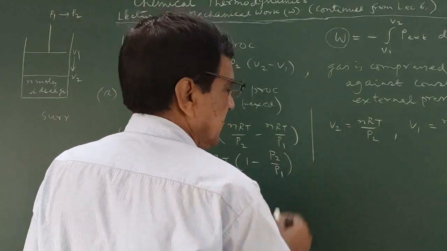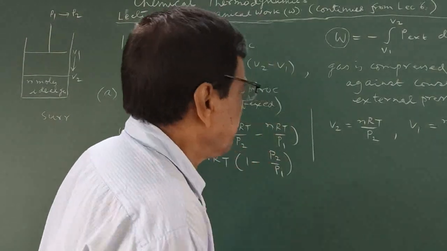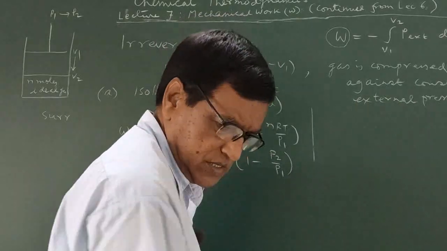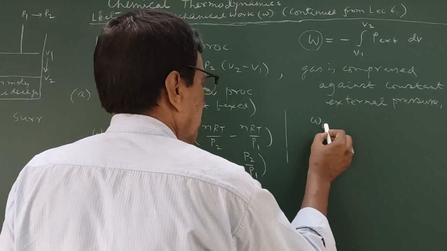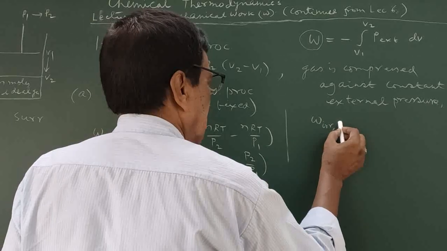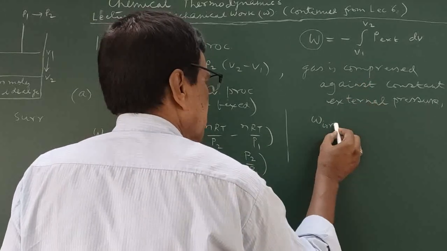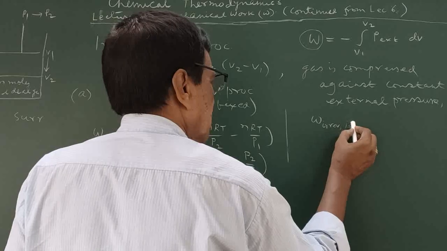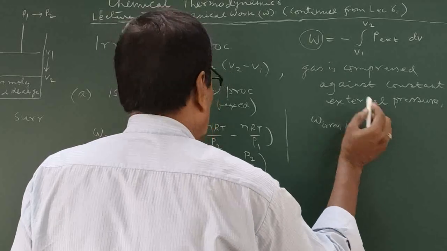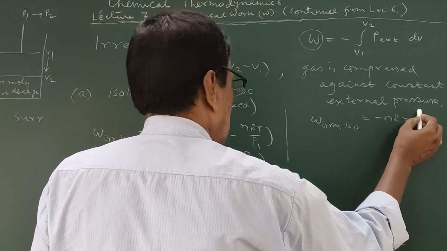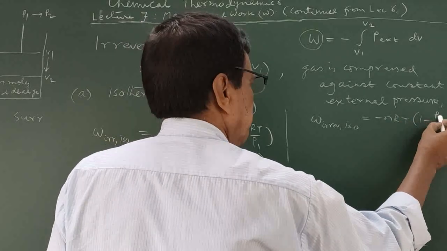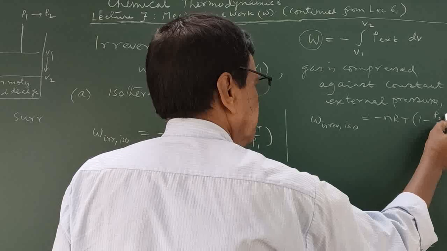So the expression of the work for an irreversible isothermal process is equal to minus nRT times (1 minus P2 by P1).